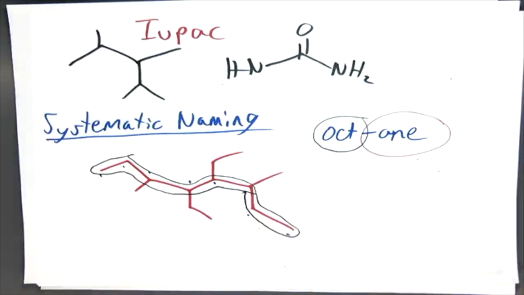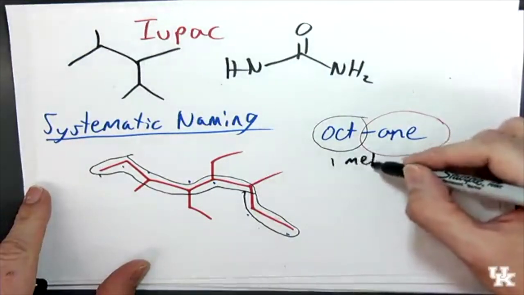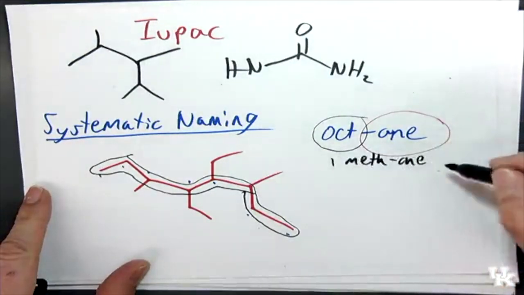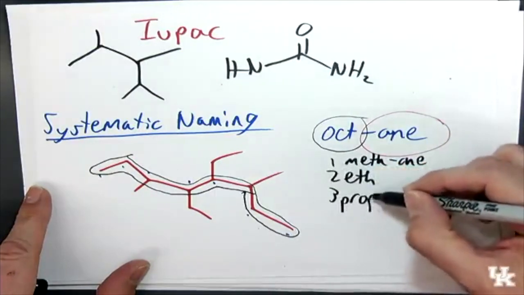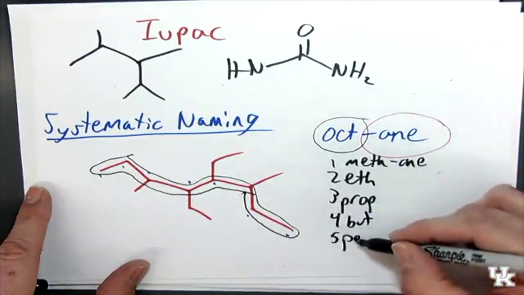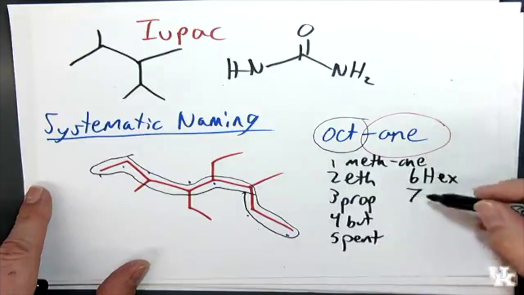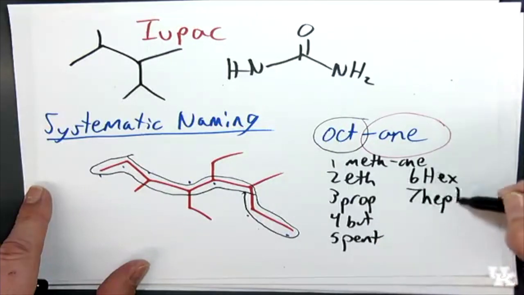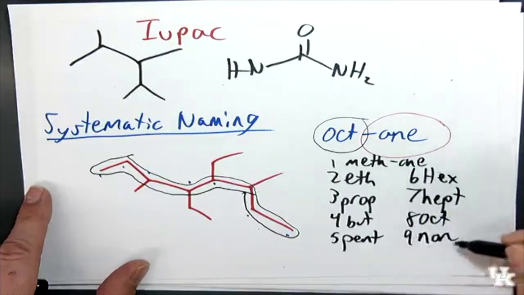You will need to say, oh, I have 1 carbon, that's a meth-ane. Oh, I have 2, that's eth. 3 is prop. 4 is but. 5 is pent. 6 is hex. 7 is hept. 8, oct. 9, non. And 10, dec.